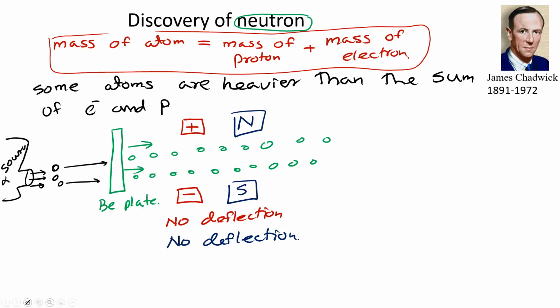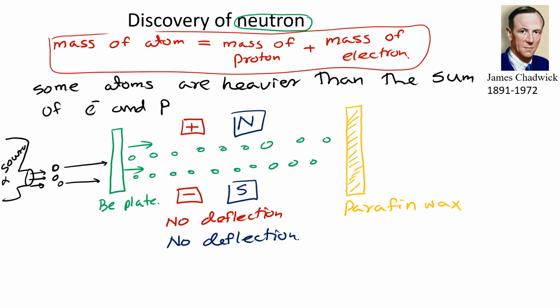Now, you are not required to know this experiment in detail because they don't actually go into details. But he further continued this experiment in front of these particles emitted from the beryllium plate. Now he placed paraffin wax. Paraffin wax is pretty much like the candle material you have.